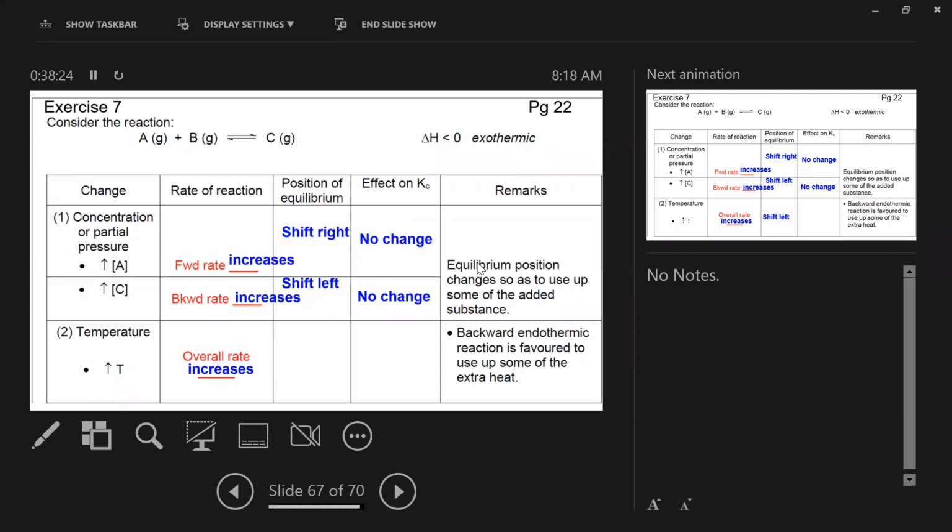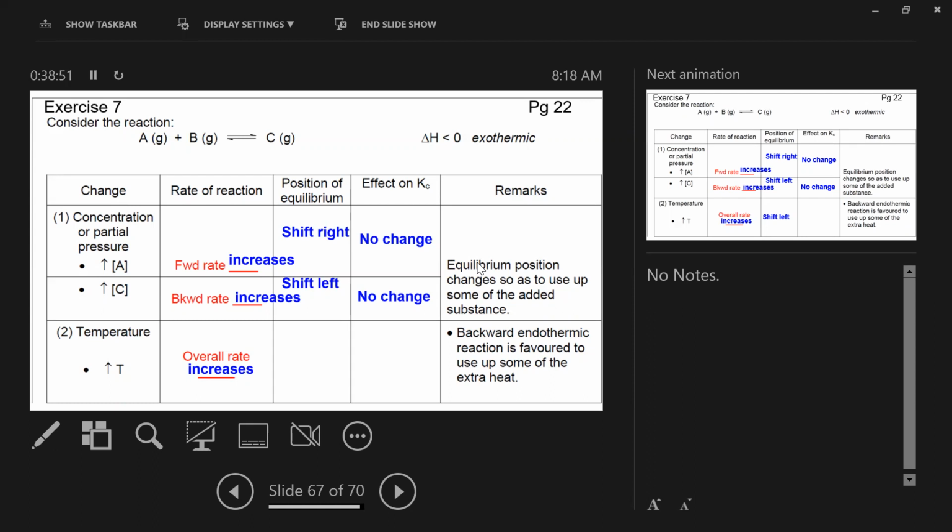There's a difference. What do I mean by overall rates? Both rate forward and rate backward will increase. Yes, good. Overall rate means both the forward and the backward rate.